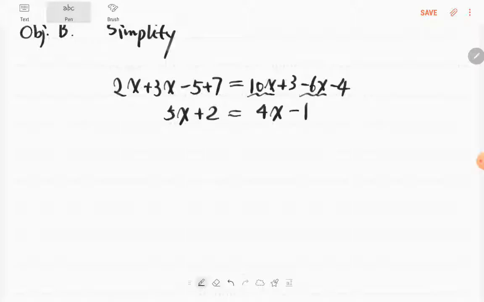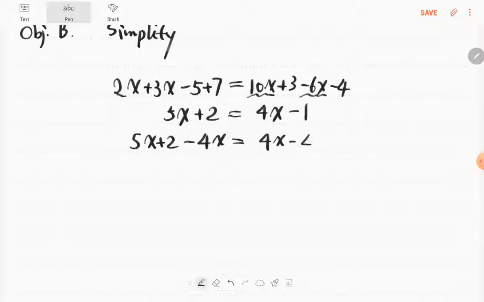After that, we want to keep the x on one side, right? So we will do both sides minus 4x to make the x disappear on this side. Or if you want, you can write it this way.